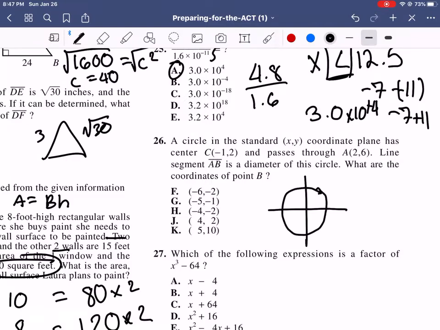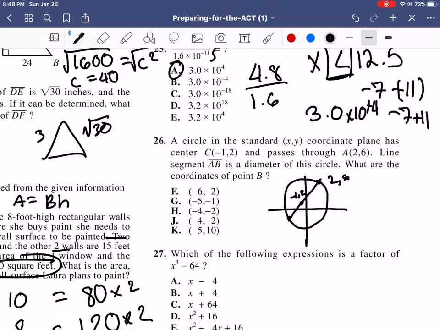Okay, I'm not very good at this. Let's pretend that's the center. So this is B, because it's the diameter. Like that. And so you see how this is negative 1, 2, and this is 2, 6. It's like slope.